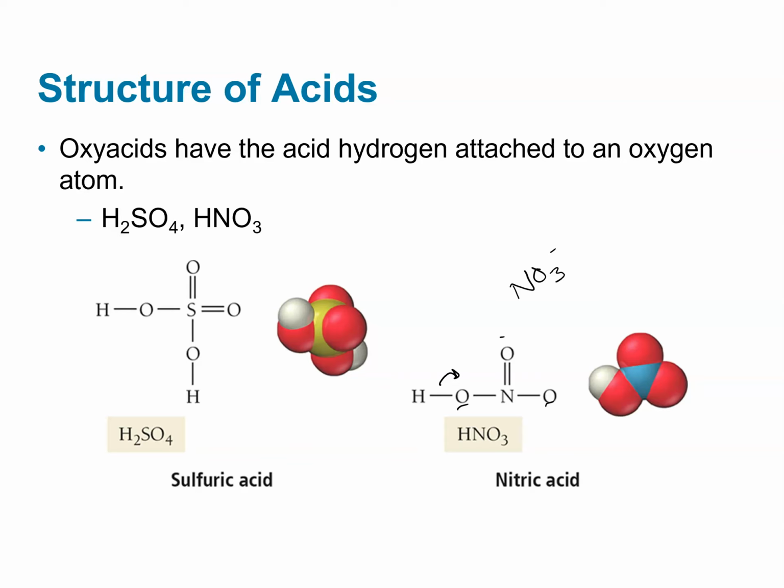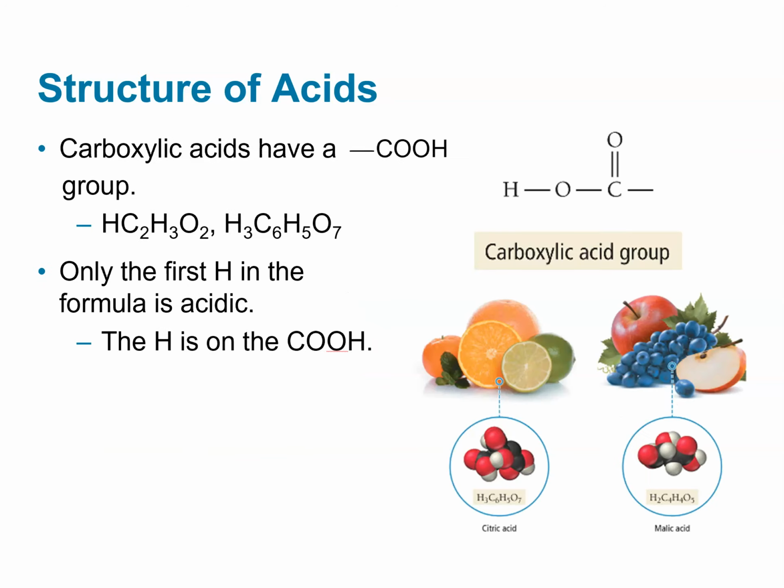This allows us to distribute that negative charge over three positions, makes it relatively stable, and also gives us nice octet rule structures. So that supports the formation of this free proton, or acidic hydrogen.